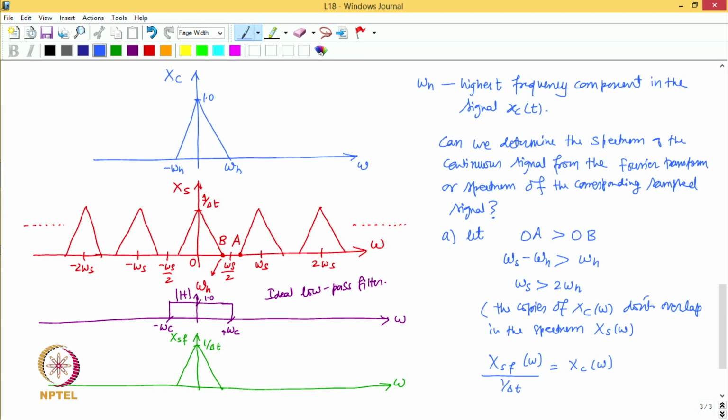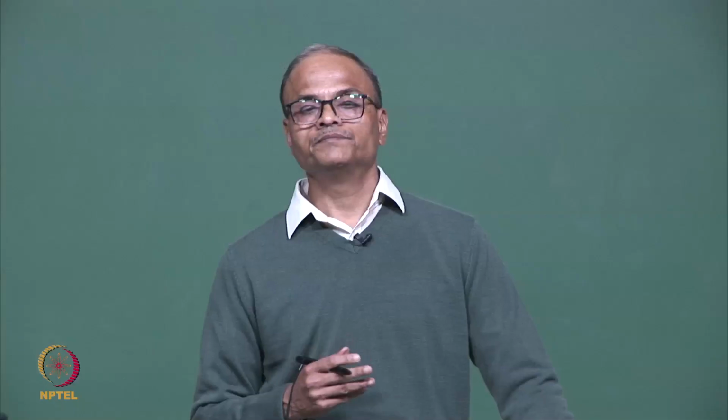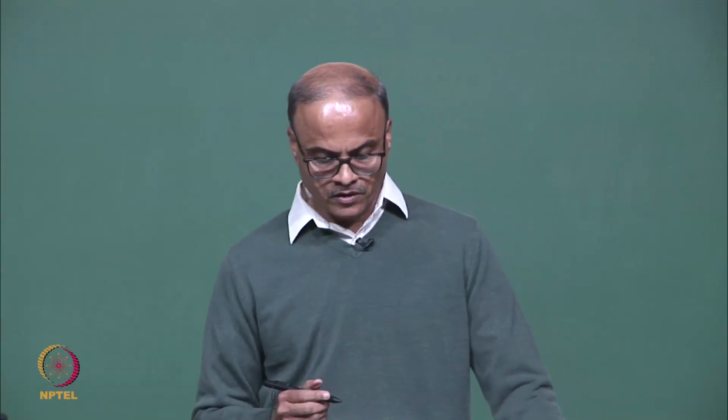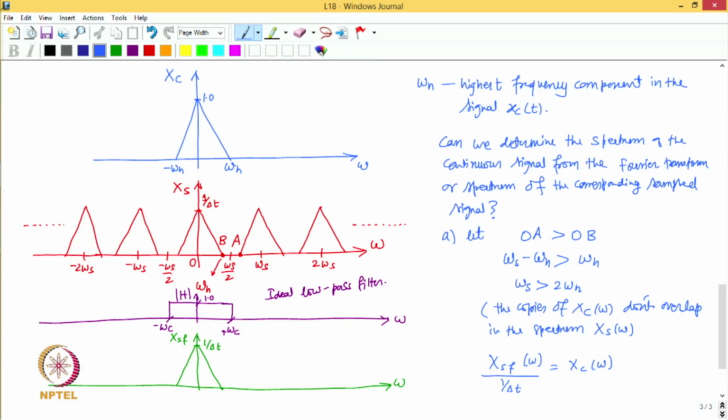In this way we can retrieve the spectrum of the continuous signal from the spectrum of the sampled signal by using a low pass filter. This has been possible when omega s is more than 2 omega h.